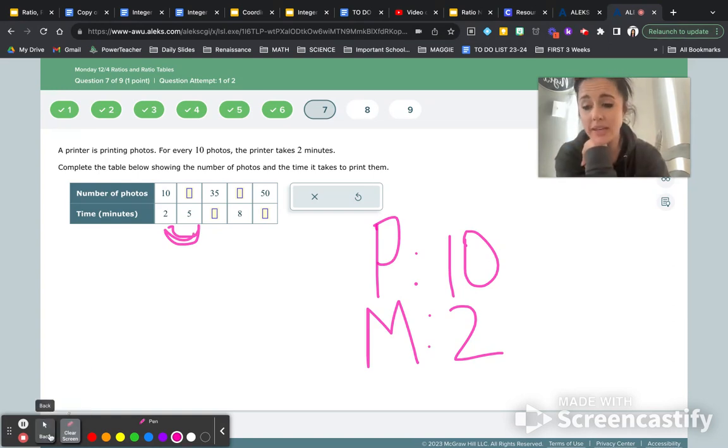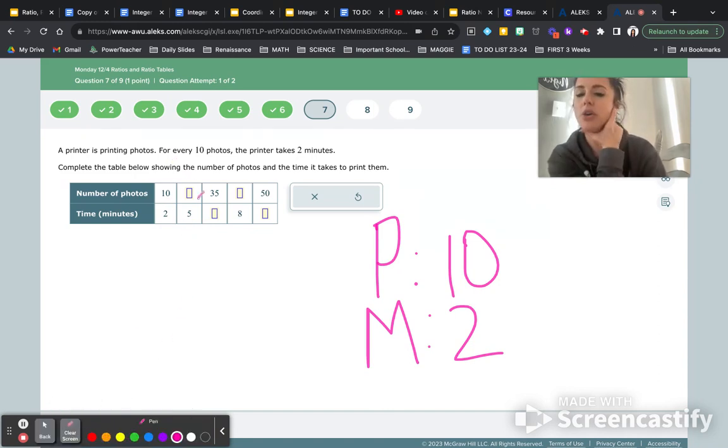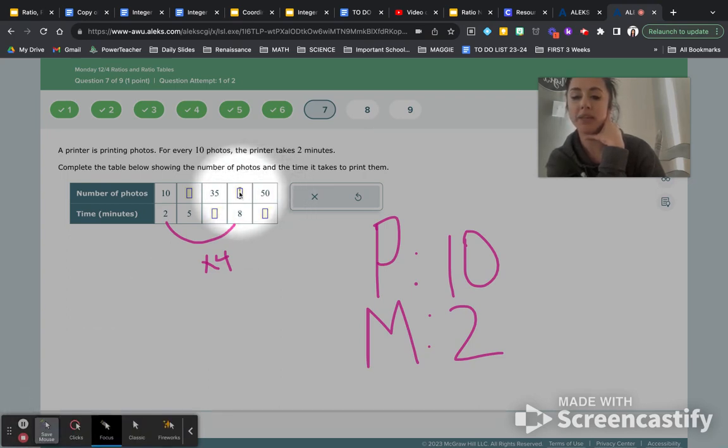Instead, I am going to go back and do the ones that are more obvious to me. If I think about this, I know 2 times 4, if I multiply by 4, I'm going to get 8. So for this one right here, I know I have 2 times 4, so I'm going to do 10 times 4 to make it 40.